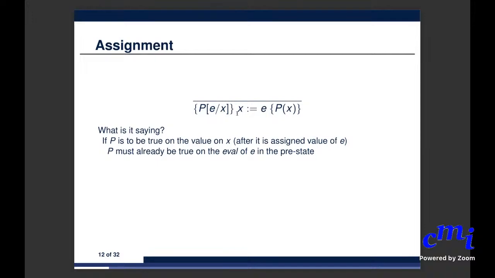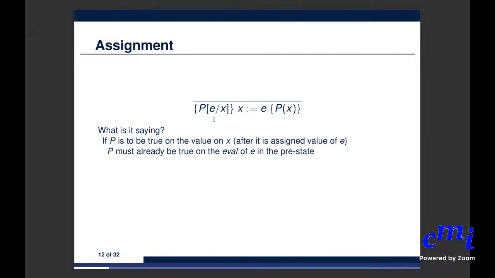Then that predicate ought to be true when you replace x in that formula defining P by E in the pre-state. This E/x, you should read it as every occurrence of x in the formula P being replaced by the expression E. That's what it means.